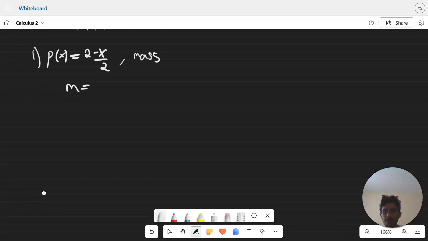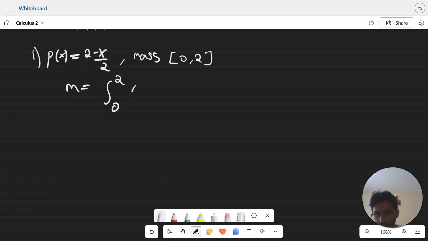If you get this question in your test or exam, it should be an easy one. I'll show you how. They've given us the points from 0 to 2, so all we do is plug it in from 0 to 2. The density function they gave us is 2 minus x over 2 dx.